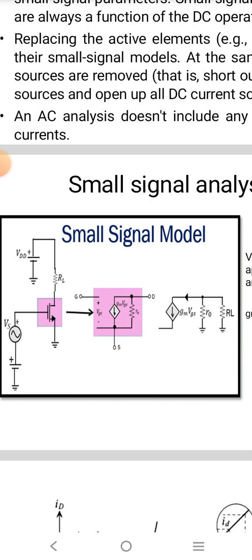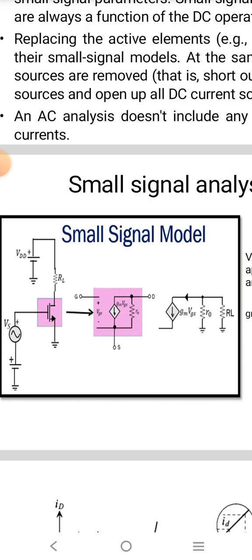From the gate to the source there is no path defined, which means no current flows. There is only a voltage VGS in effect. Then at the drain side, we have a controlled, dependent source.